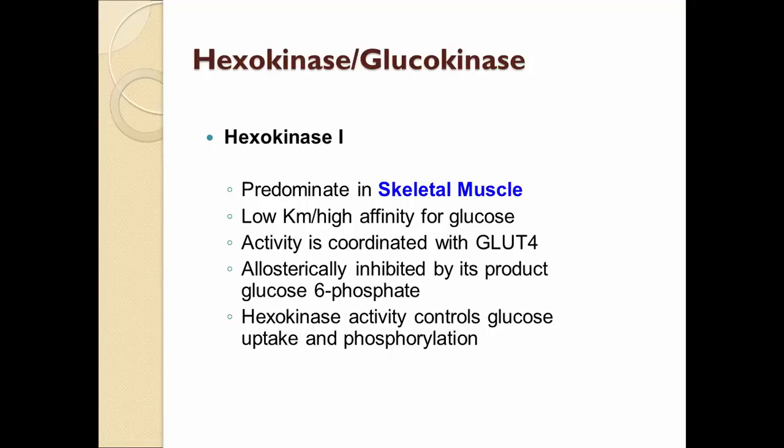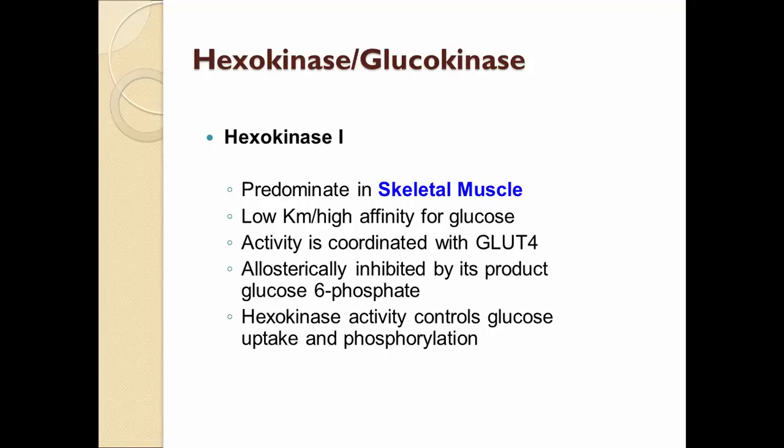Because of tissue distribution, you also try to connect the glucose transporters: liver mostly has GLUT2, right, and skeletal muscle has GLUT4. So these two different enzymes correlate with different glucose transporters, depending on the tissue.